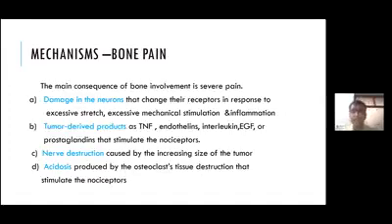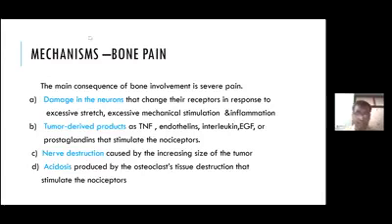So what are the mechanisms of bone pain in bone metastasis? They damage the neurons. As the tumor grows, the metastasis causes excessive stretch, excessive mechanical stimulation and inflammation, causing stretching of the nerves.